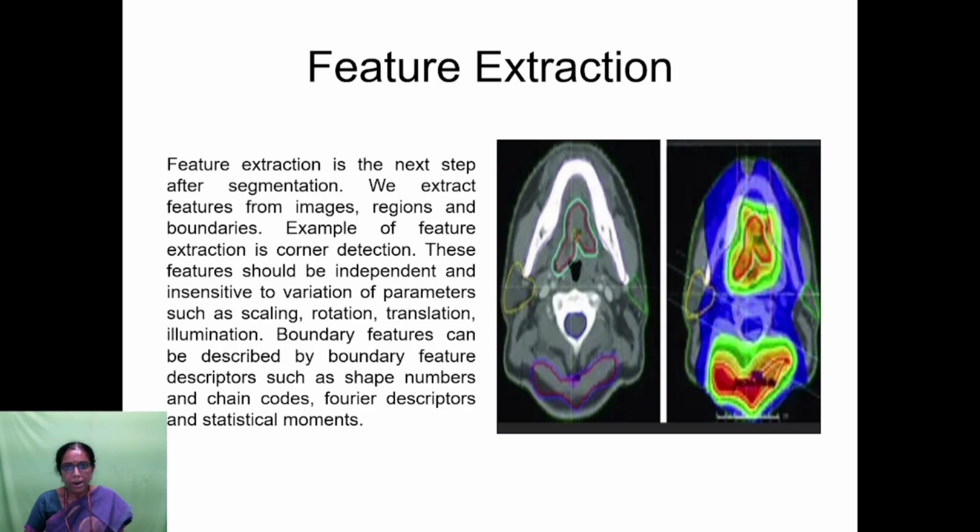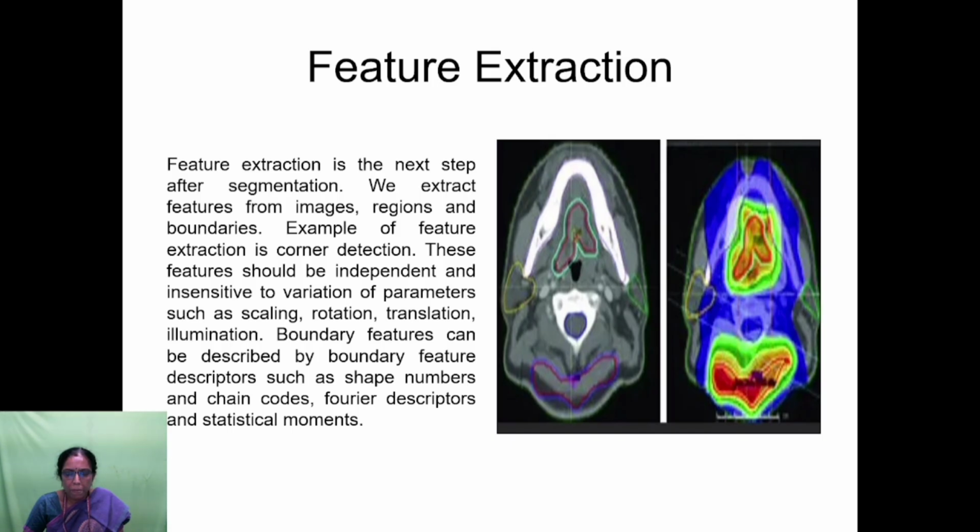Here we extract the features from images, regions and boundaries. An example of feature extraction is corner detection. These features should be independent and insensitive to variation of parameters such as scaling, rotation, translation and illumination.